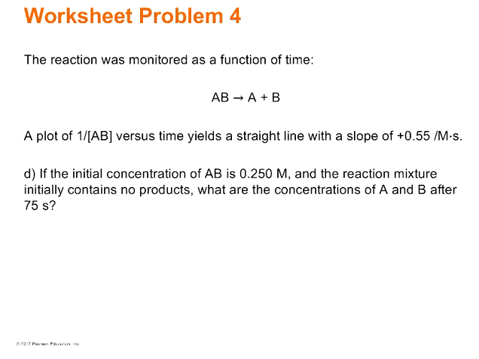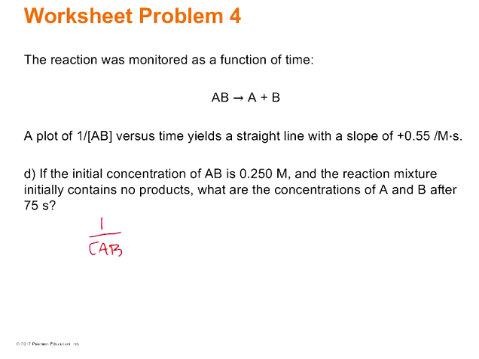And finally, D, if the initial concentration of AB is 0.25 moles per liter and the reaction mixture initially contains no products, what are the concentrations of A and B after 75 seconds? Okay, so let's use our integrated rate law for this problem.